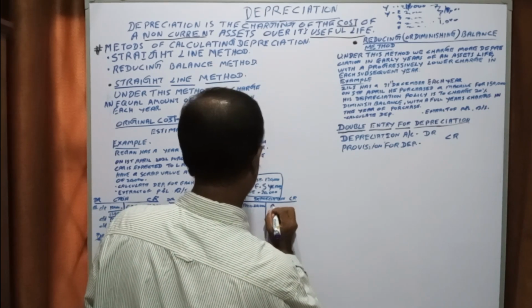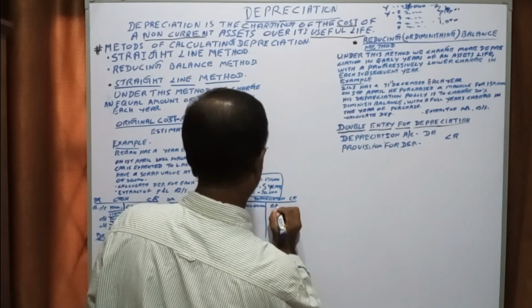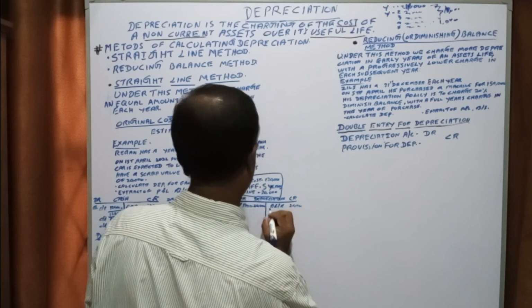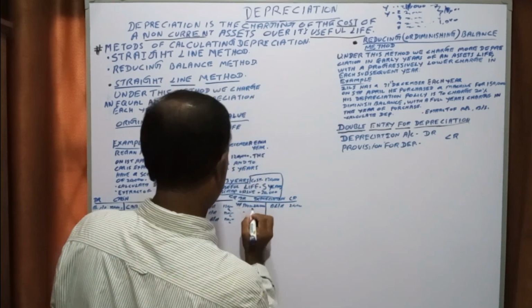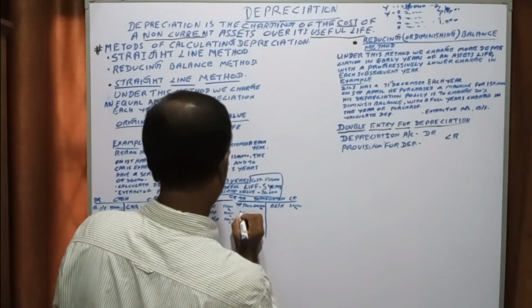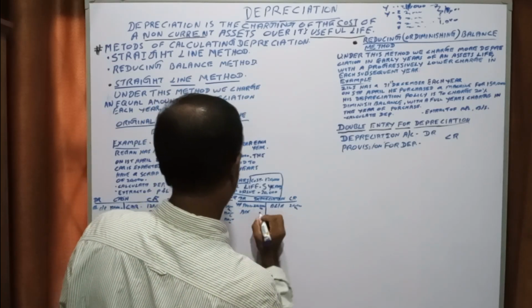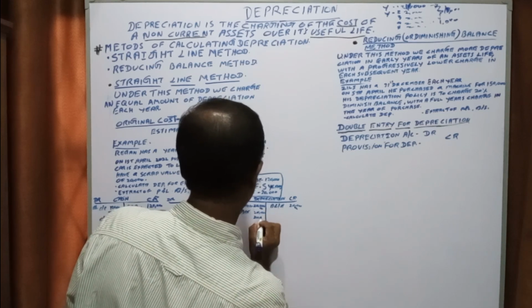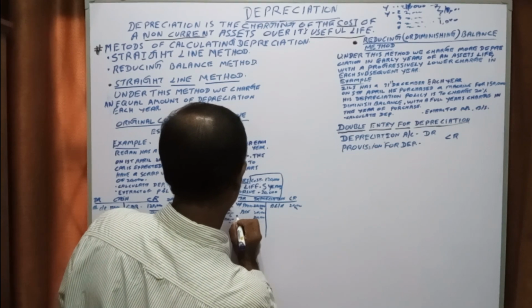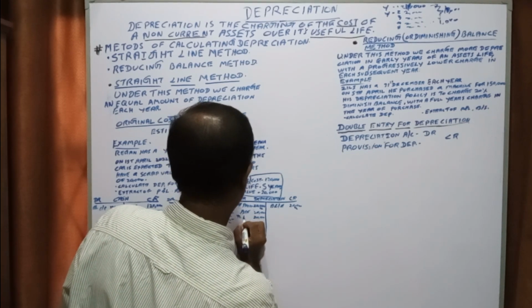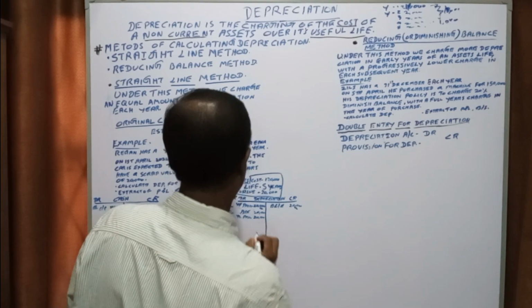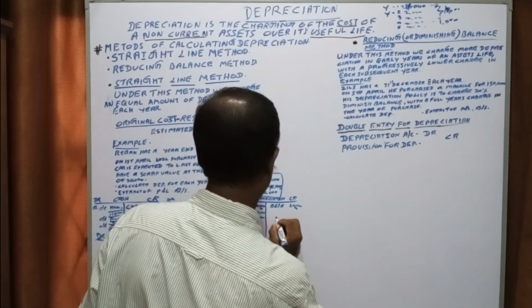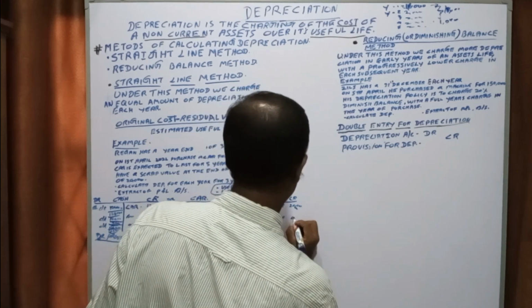Carried down 20,000. Right. Brought forward 20,000. Another 20,000 charge for the year. Okay. Year 2 provision. Then here carried down 40,000.